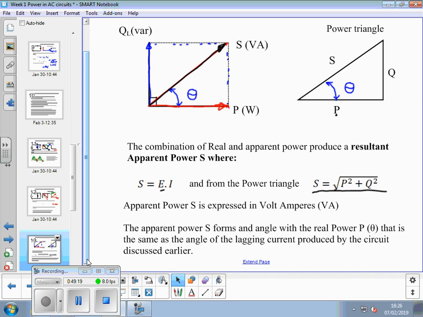But ultimately, as a consumer, if you're a large inductive load, you'll make sure you do something about decreasing that angle, because it has an impact on the transmission lines delivering the power to your load. A bit more about that later. But they have a way of penalising you if you've got bad power factor.